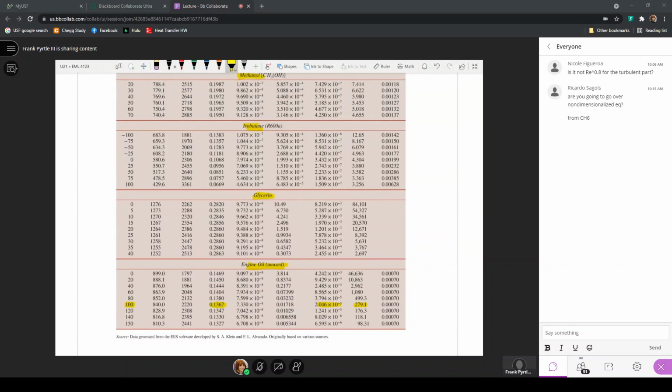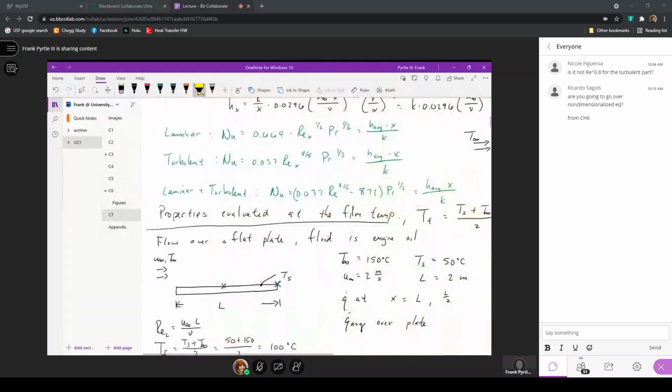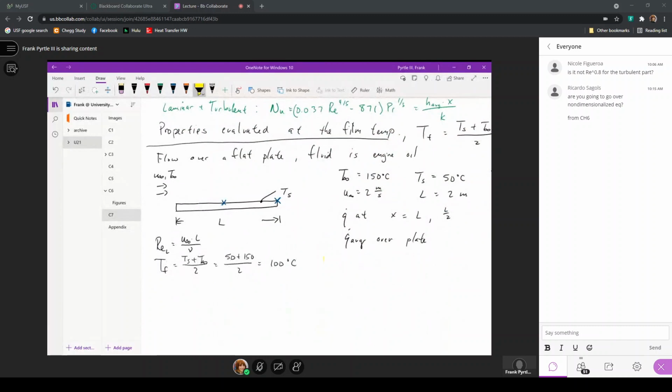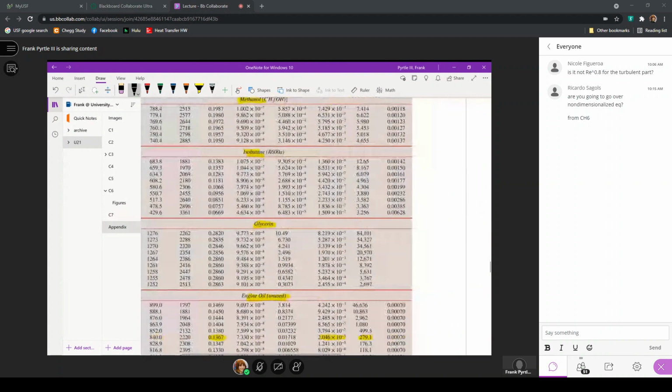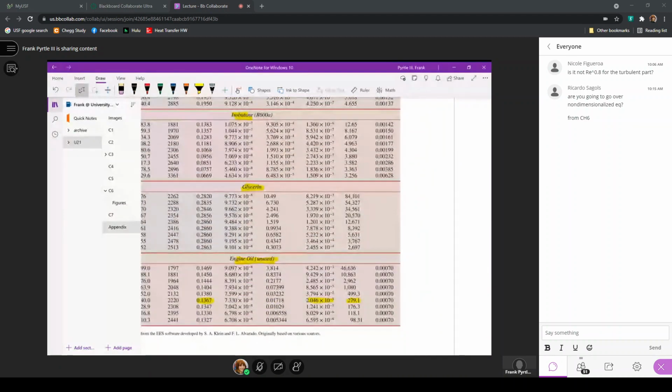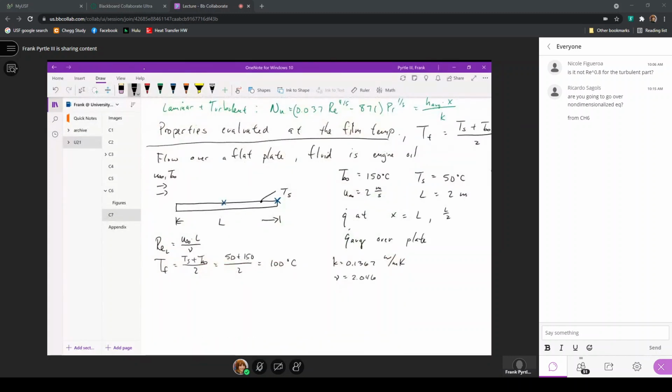So the thermal conductivity is 0.1367, so k equals 0.1367 watts per meter Kelvin. The kinematic viscosity is 2.046 times 10 to the minus 5, and the units here are square meters per second.